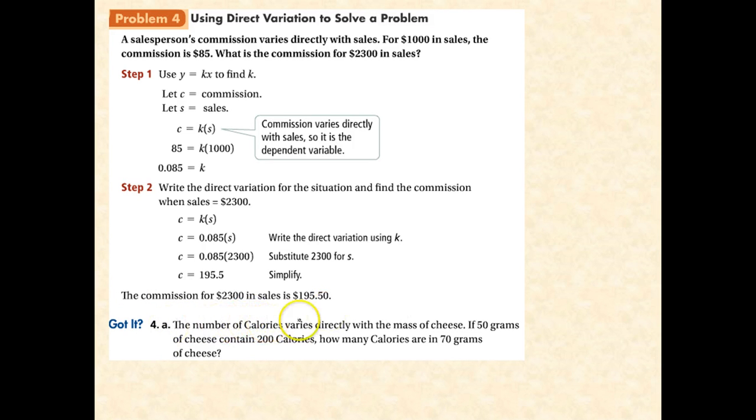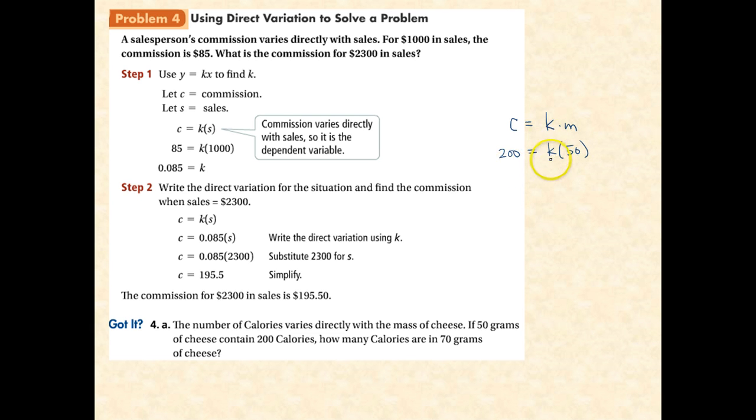Alright, the number of calories varies directly with the mass of cheese. So that means calories equals some constant times the mass of the cheese. If 50 grams of cheese, so my mass was 50, contains 200 calories, how many calories are in 70 grams of cheese?